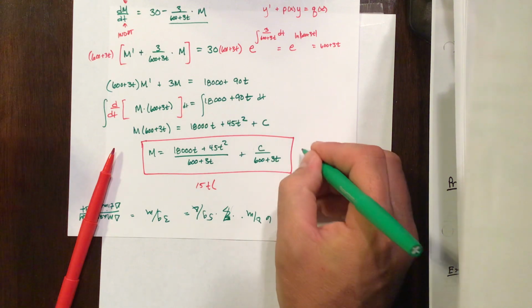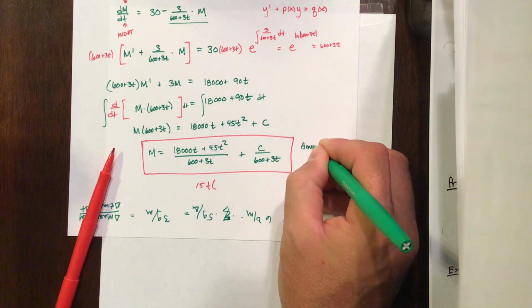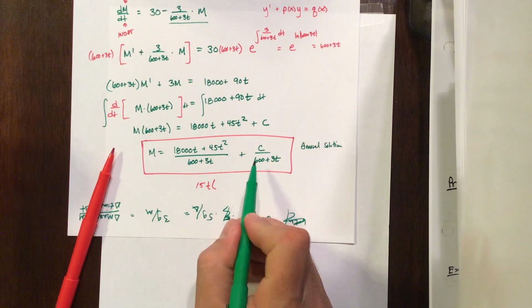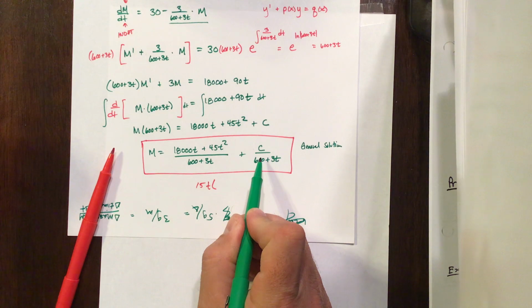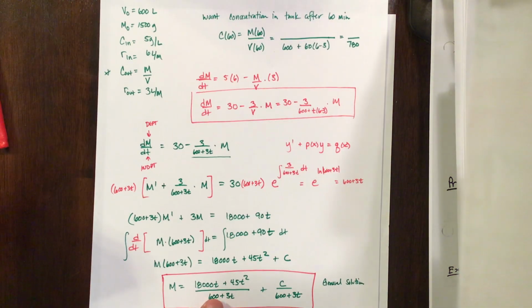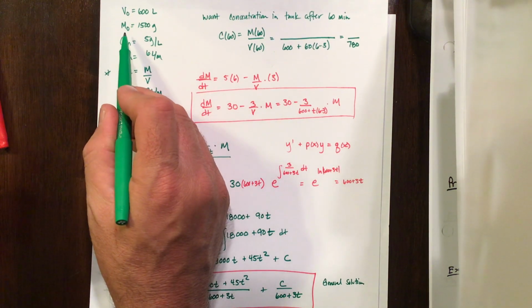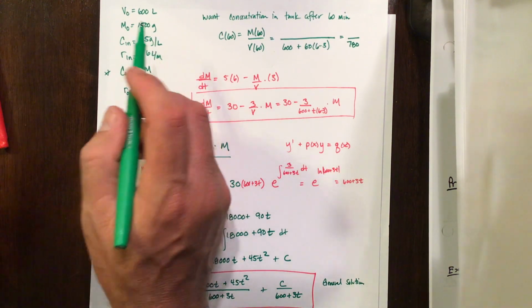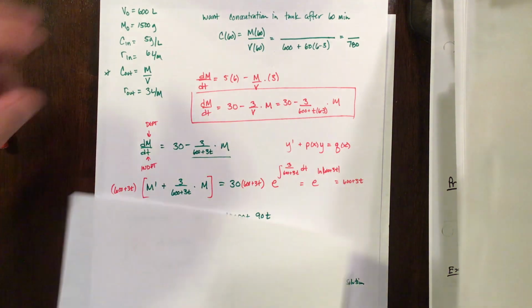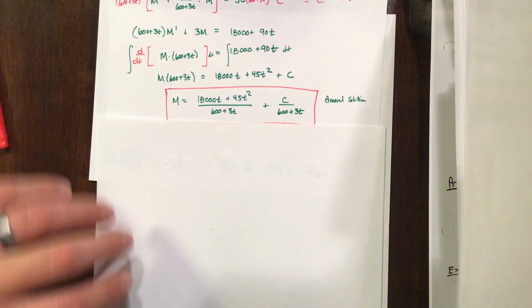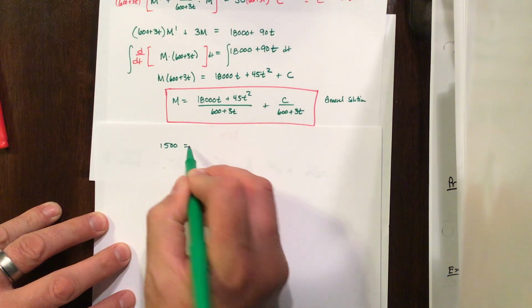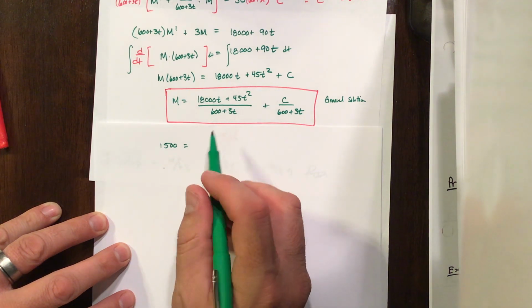Okay, because this right here is a general solution. Hence the plus C right there. I need a particular solution. I need the C that gives me an initial amount of salt to be 1,500 grams. So let's plug that in. So when time is 0, I need to have M be 1,500.